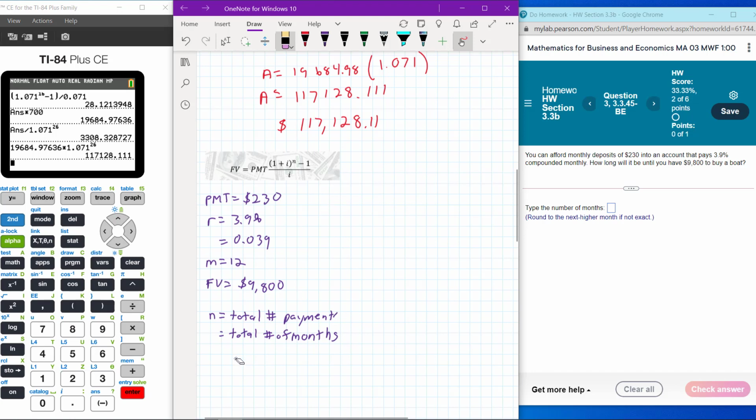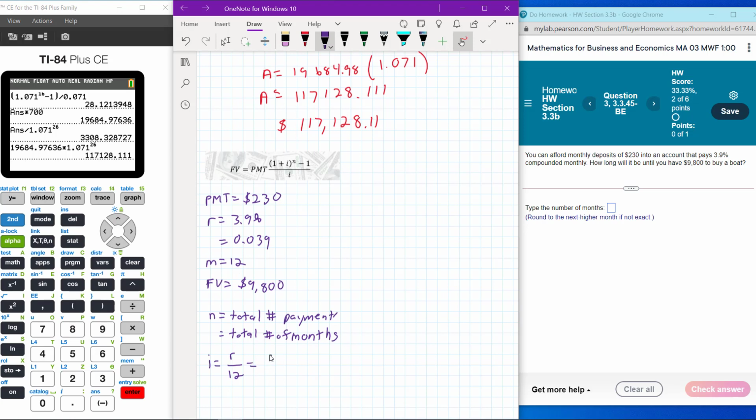Okay, now we need to figure out what I is. Remember, we're trying to find n, but to do that, we need to know what I is. Now, remember, I is going to be our interest rate, R, divided by our payment frequency, which is 12.